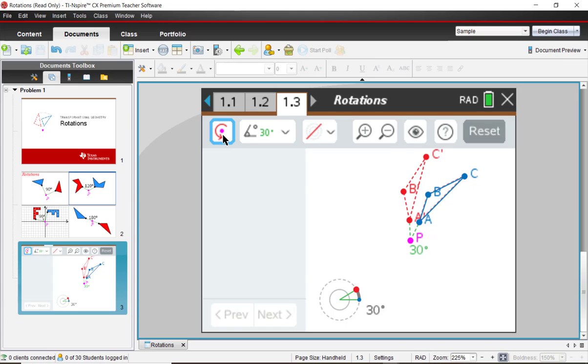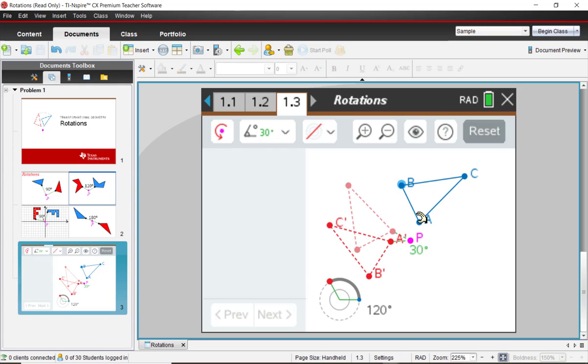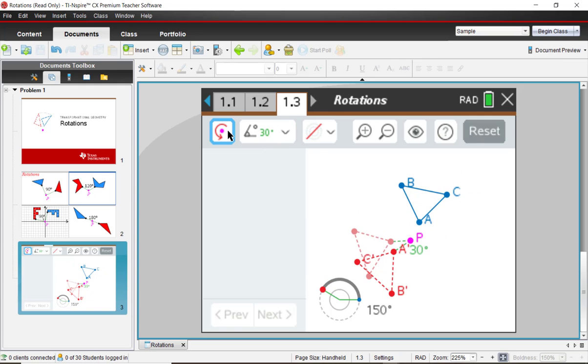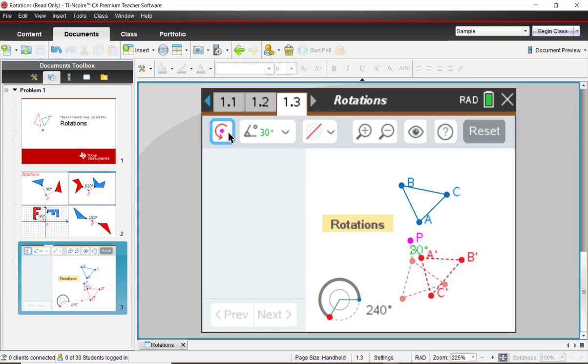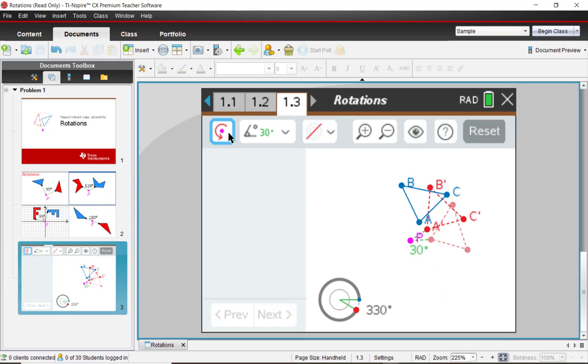Those triangles seem to be what your conjecture said, 30, 60, 90, and so on. Again, grab, move things. Does it still seem to be true? The angles are different. Continue to rotate, continue to rotate. And I'll continue to rotate until I get to a rotation of 360.